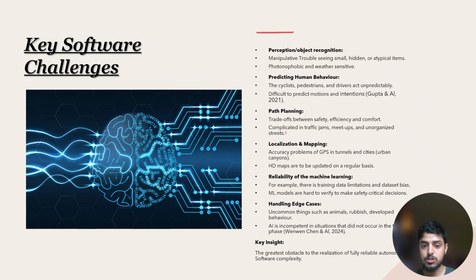Path planning must balance safety and efficiency, especially in the dense or unpredictable traffic. Localization can be unreliable when GPS signal degrade and HD map constantly need updating. Machine learning model require numerous dataset and still struggle with the rare scenarios known as edge case. These challenges show the software remain the most difficult barrier to achieve full automation.